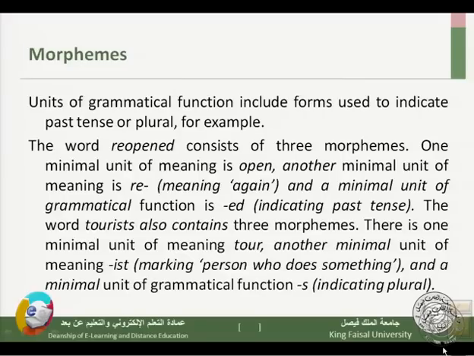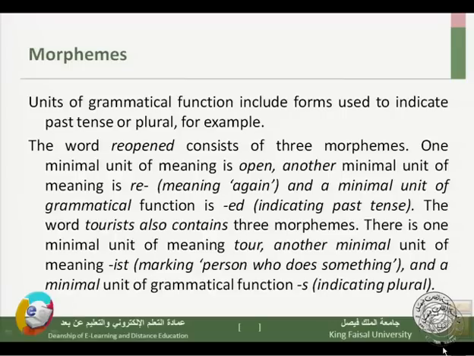past tense. Another example, the word tourists, contains as well 3 morphemes. What are these morphemes? We have a minimal unit of meaning, which is the verb tour, okay? Another minimal unit of meaning, which is ist, and it marks the person who does something.